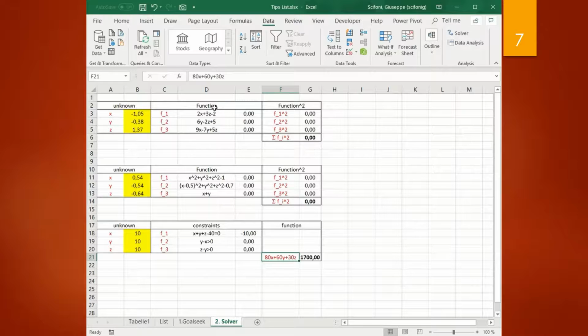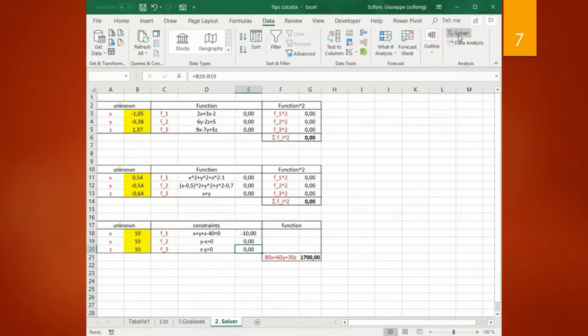Let's see how Excel is solving the problem. So here's the function we need to maximize, 80x plus 60y plus 30z. We write this function down, and we give some guess values to the unknowns x, y, and z, and also we write the constraints. X plus y plus z minus 40 equals 0, y minus x greater than 0, and z minus y greater than 0.